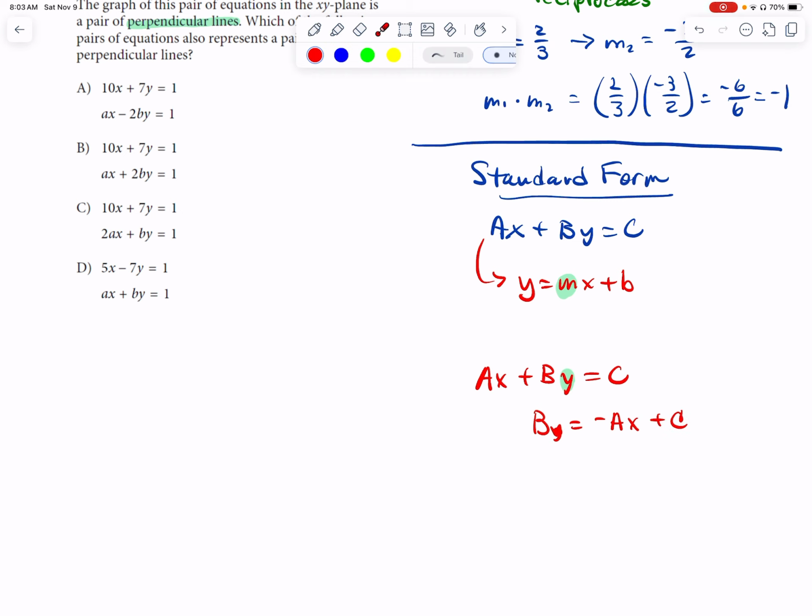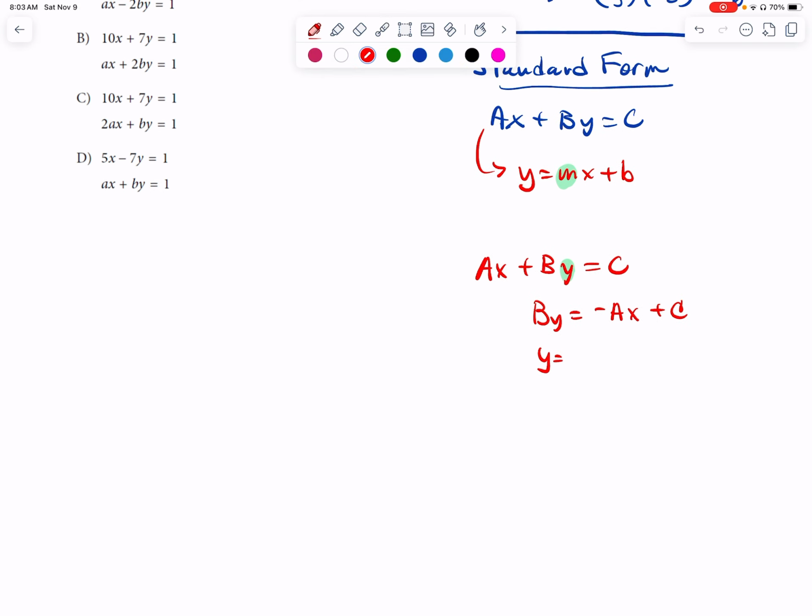And now this b is being multiplied times the y, so I'm going to have to divide. I'll divide everything by b, and I can make one complete fraction over here, but I'm not going to. I'm going to basically divide both individual fractions by b. So I have y is equal to negative a over b, x, plus c over b.